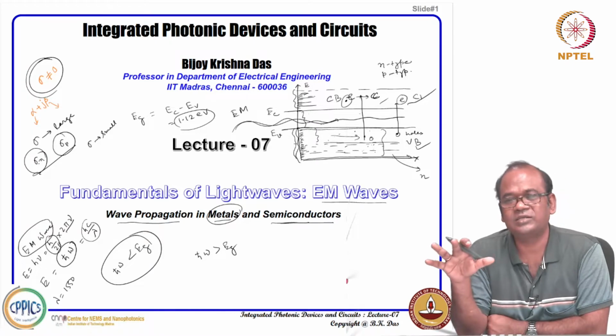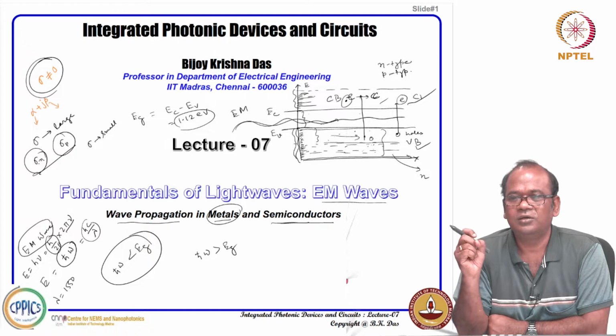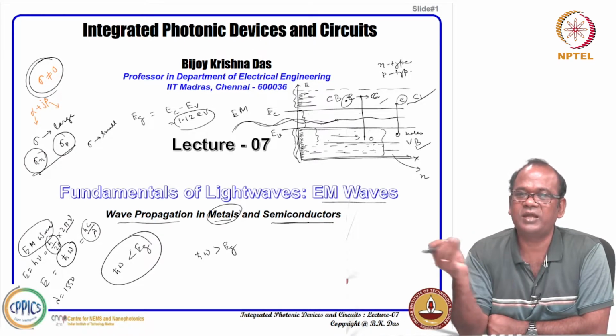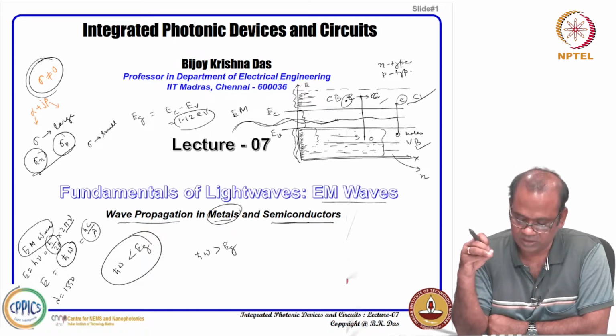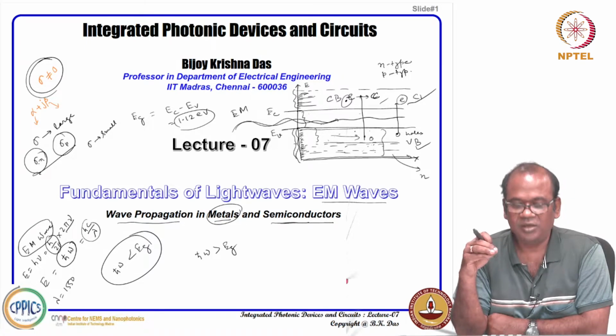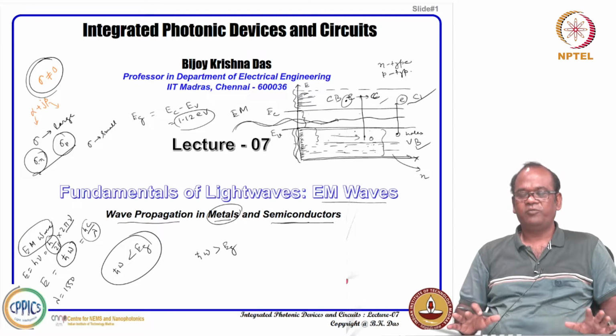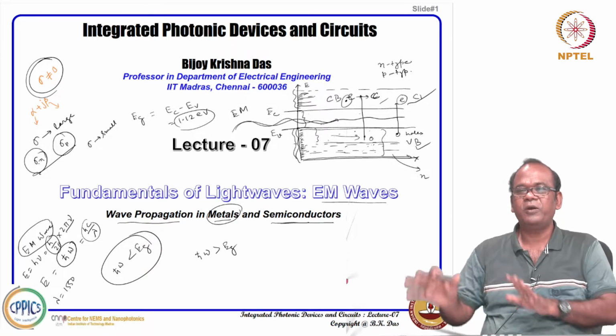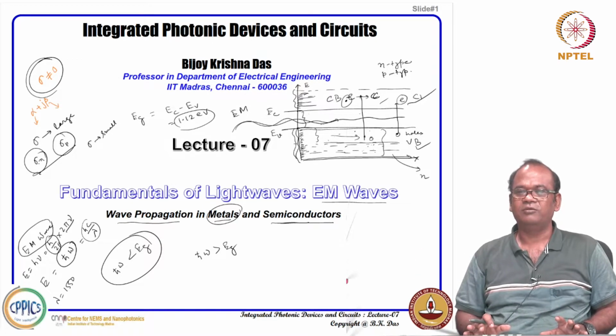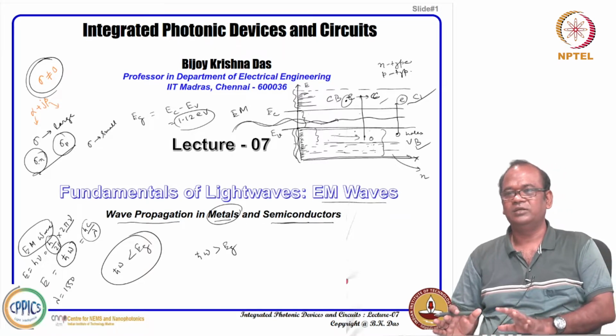So, with this understanding of conductivity, band gap, transparency, all those things, we can think about how an electromagnetic wave behaves when it is propagating inside the material, whether it is a metal or a semiconductor.